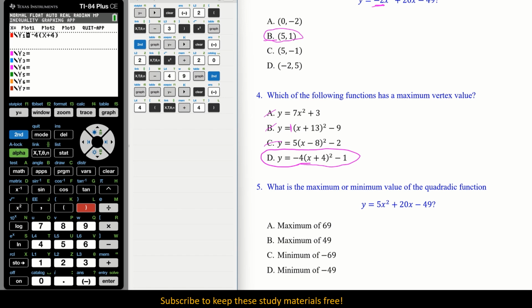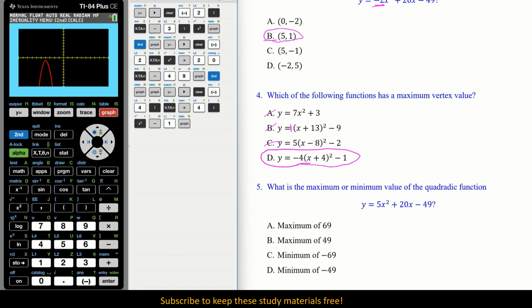Okay, so I've got -4, open parentheses, x plus 4, close parentheses, square that bad boy, and let's say -1, graph it, and yes, it opens down. And by the way, it is a complex situation. It has no real zeros. But we don't care about that right now. That's for another day. Right now, we care about the fact that we verified D is our option.